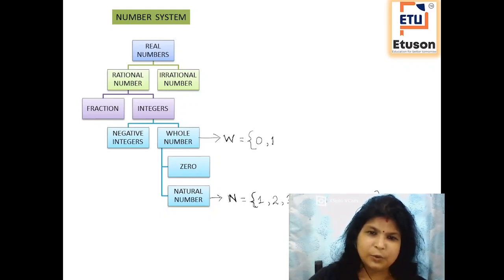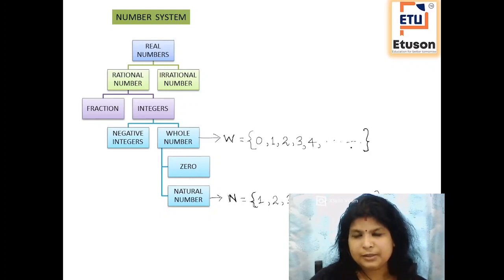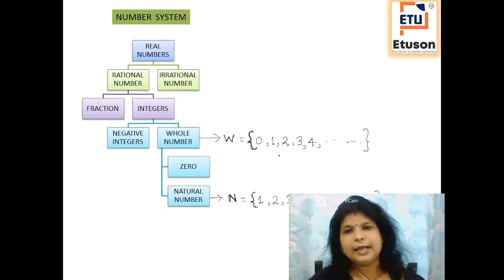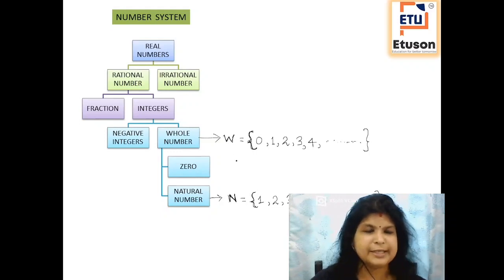That means if 0 is included along with the natural numbers, then that becomes your whole numbers. Correct? This is your whole numbers, and usually it is represented by W.